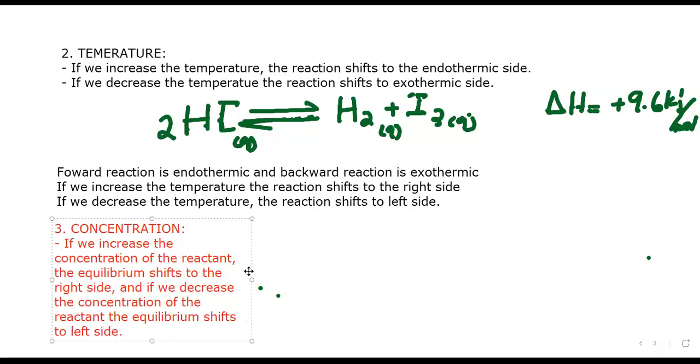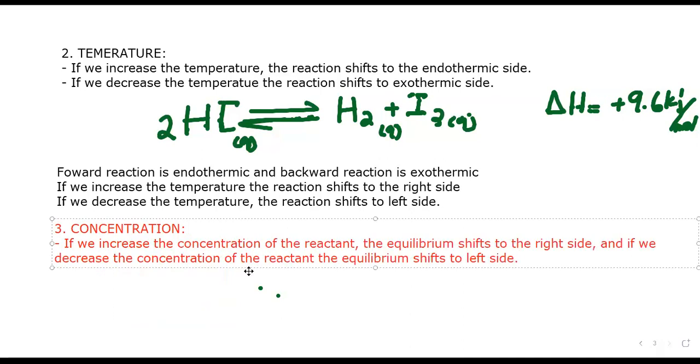Again, how are you going to explain it? Using Le Chatelier's principle. If I'm increasing the concentration of the reactant, I have made too much reactant. Le Chatelier's principle means that we need to oppose it and bring that value back down. So how are we going to bring that value back down?